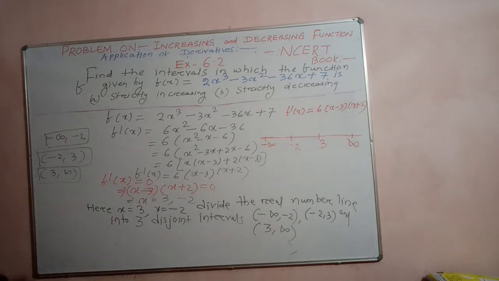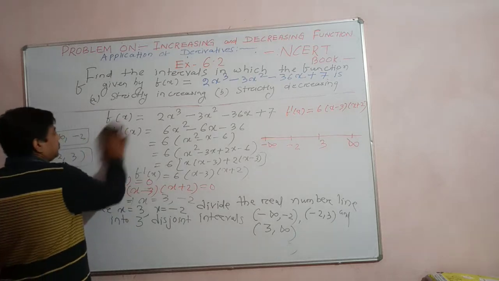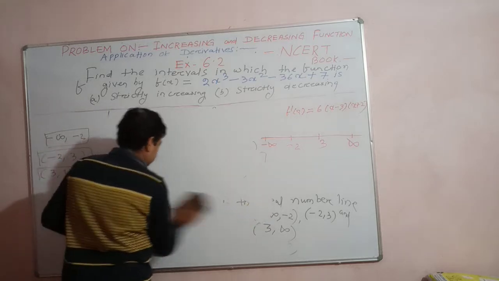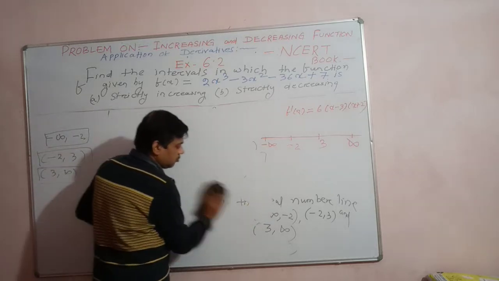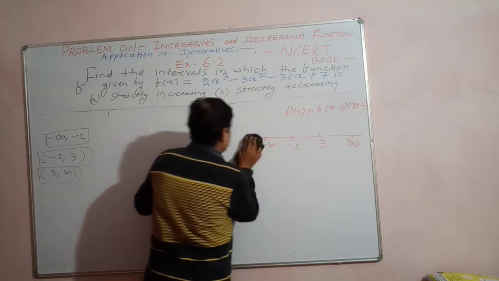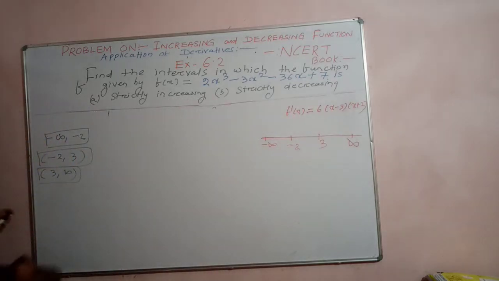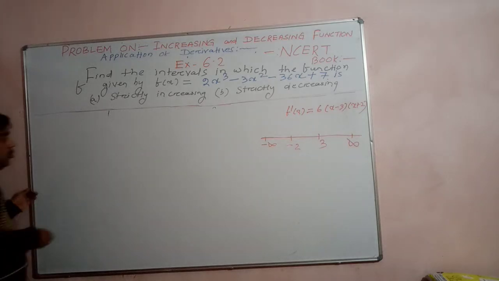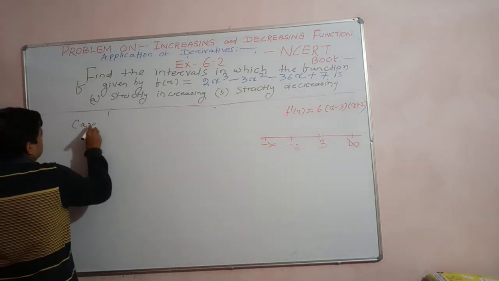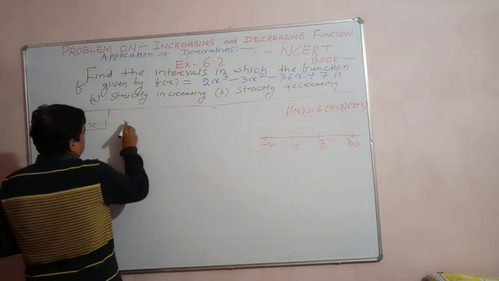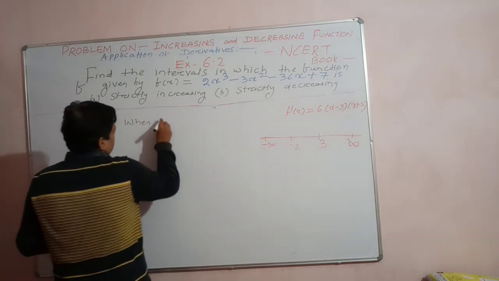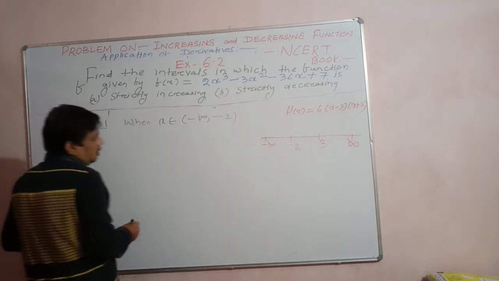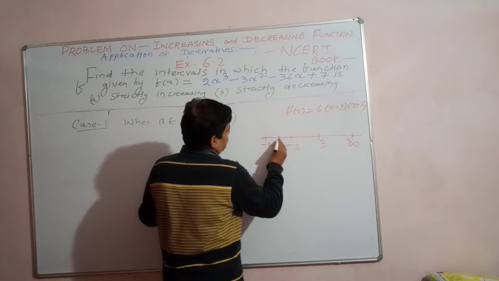Now see, in the first interval, case 1, when x belongs to minus infinity to minus 2, the number can be, we can write, minus 4 also.